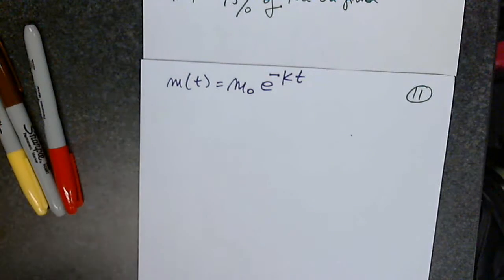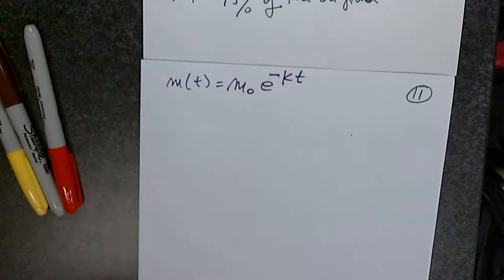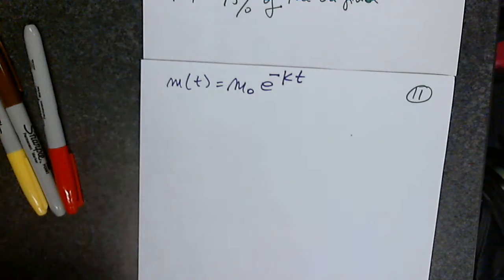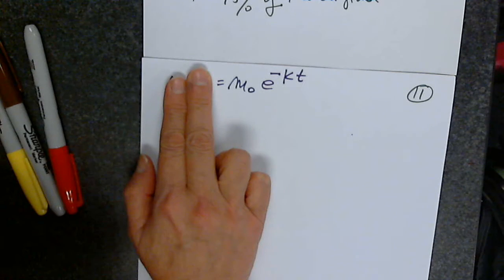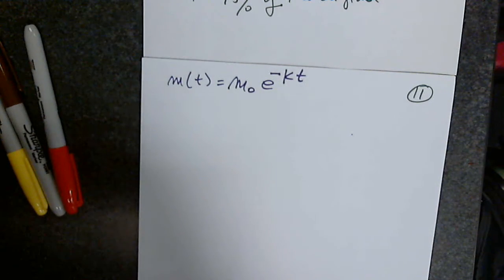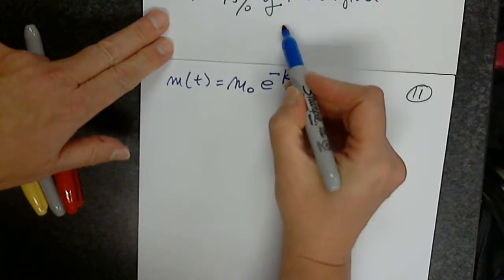Perfect. Do I have the original? No. But what do I know right now? This is 15% of the original. How do I write 15% of the original?